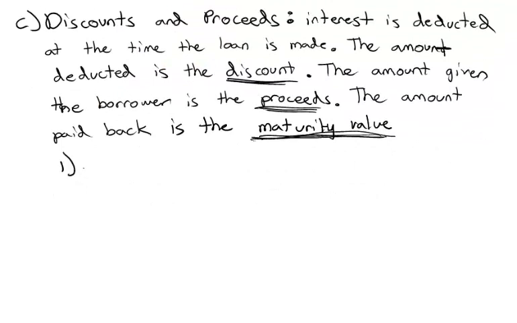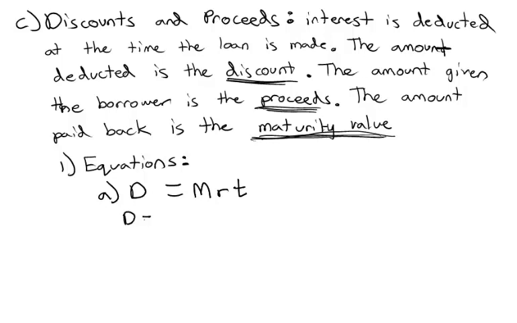So, again, we've got a couple equations with discounts and proceeds. Very similar to the simple interest equations. The first equation is that D is equal to MRT. Very similar to I equals PRT. Same idea. D here stands for the discount.